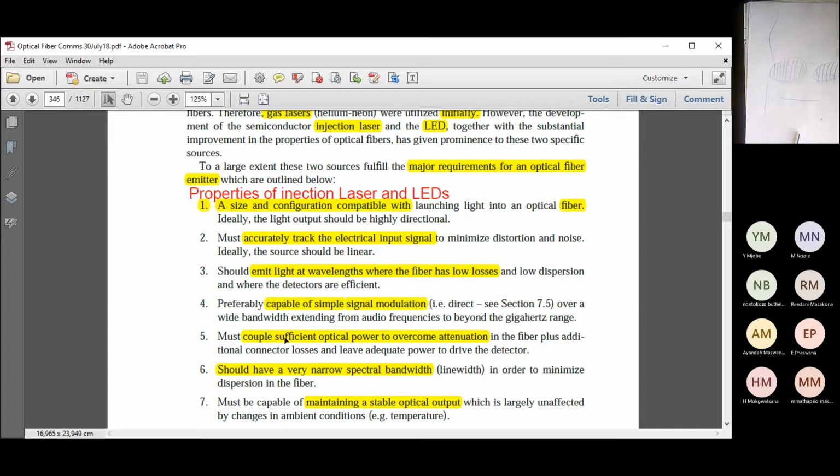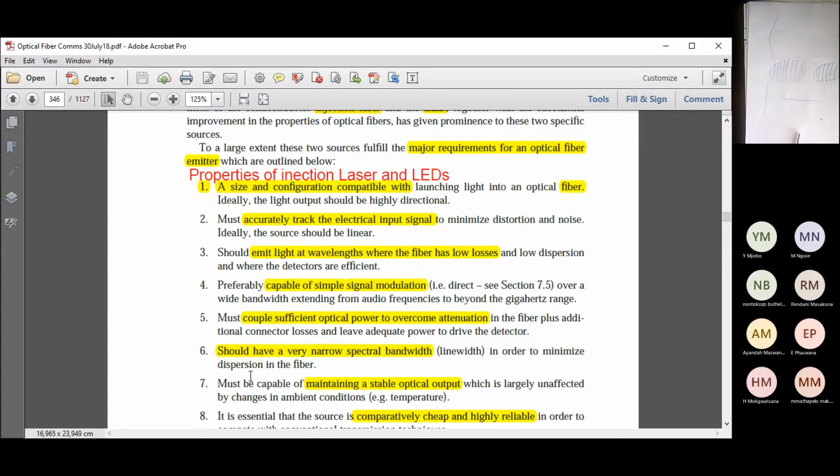That's how powerful it is. Now, it should have a very narrow spectral bandwidth or line width. Spectral bandwidth means when you make an FFT of the signals of those frequencies, it will be very narrow. So there's very little dispersion, because dispersion is a big problem for us.